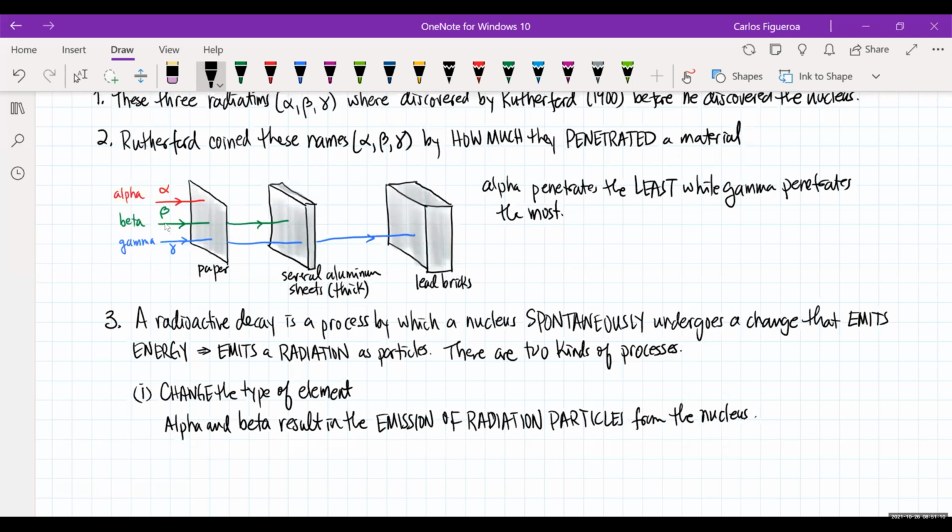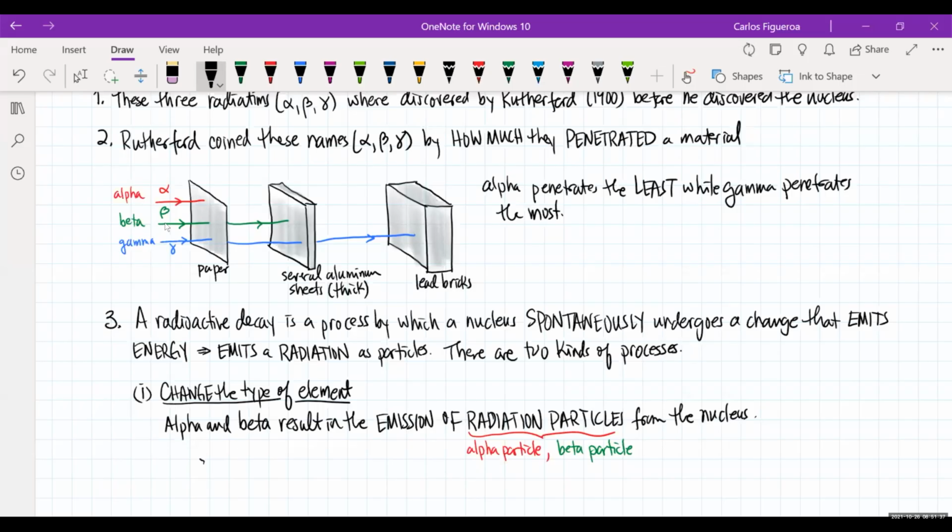So when you look at these things, the radiation particles, one of these is called an alpha particle. The other one is called a beta particle. That's what I mean by radiation particles. And what does this do? It changes the type of element.